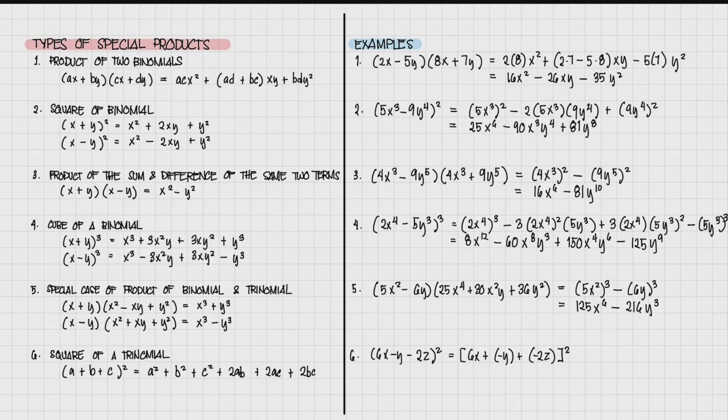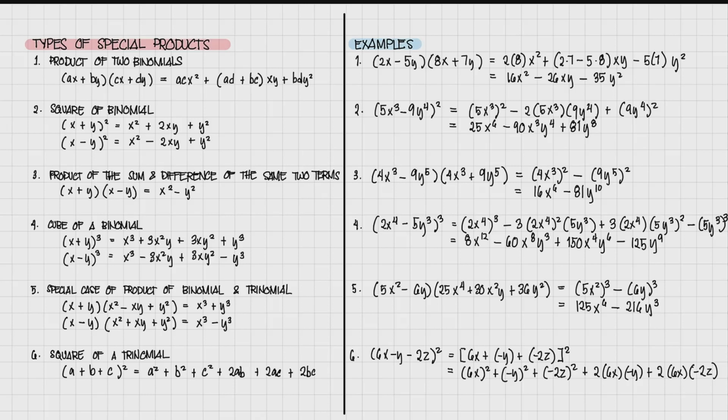Then once we do that, we can now apply this one. So we have here a squared, which is 6x squared, plus b squared, which is negative y squared, plus c squared, which is negative 2z squared, plus 2a, 6x, b, negative y, plus 2a, 6x, c, negative 2z, and then where are we?